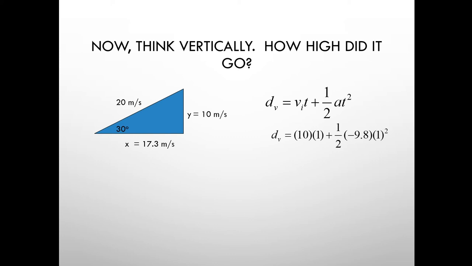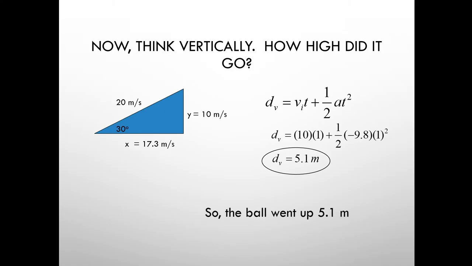And we know that gravity will be negative 9.8. And again, time is 1 second. Notice that because we're looking for the point that the ball is at a maximum height, we're only dealing with the time going up, so it's only 1 second. We're not accounting for the time coming back down. So the vertical displacement is 5.1 meters, meaning the ball went up to a maximum height of 5.1 meters.